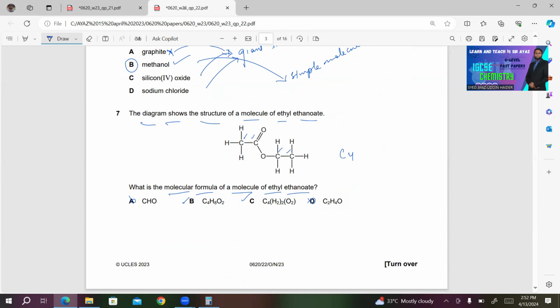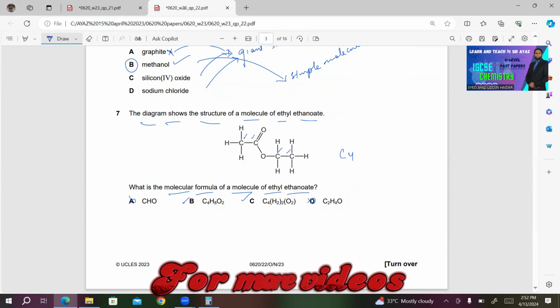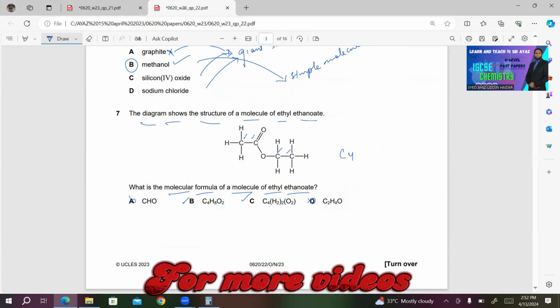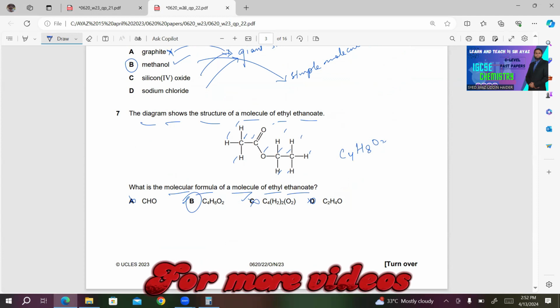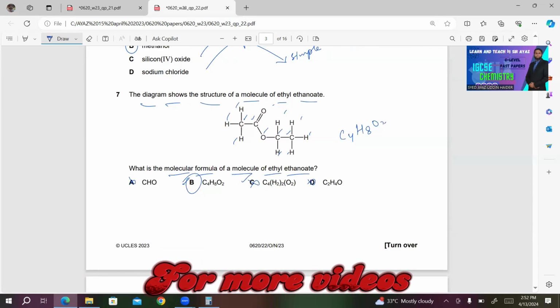You can narrow down the choices. Always do this. When you narrow down the choices, it will become easier for you to pick the right answer. What about hydrogen atoms? 1, 2, 3, 4, 5, 6, 7, 8. C4H8. Oxygen 1, 2. C4H8O2. So it must be B. You can't have C as your correct answer. So B is the final answer for number 7.